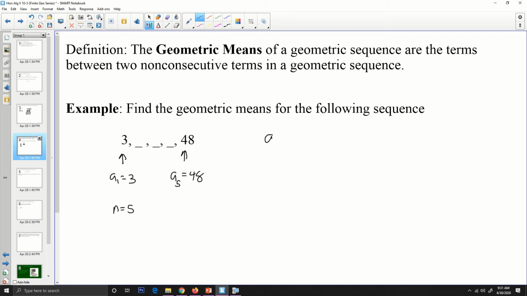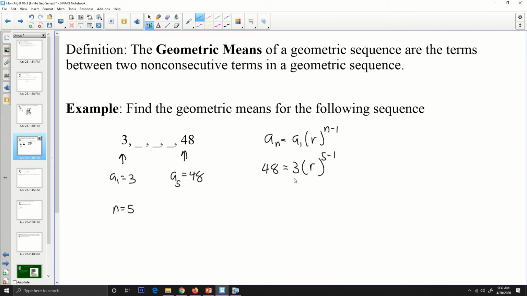So if I go a sub n equals a sub 1 times r to the n minus 1, and I plug in the values that I know, the fifth term is 48. I know that a sub 1 is 3. I don't know what r is, but if I can figure out what r is, I will know the rest of it. And I know that my n, because this is my fifth term, is going to be 5.